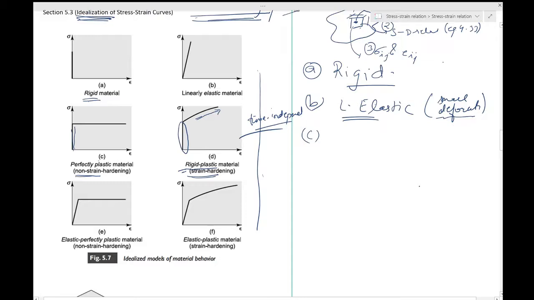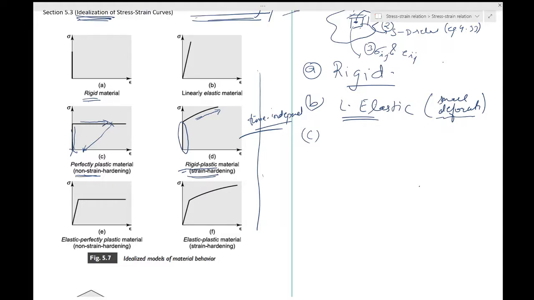In this case, there is no strain hardening. I mean, to cause a plastic deformation, the stress need not be increased, but it is still plastic in the sense that if you unload from here, it will not go back to here. Okay, you will end up somewhere over here. So that is the difference between strain hardening and a non-strain hardening, idealized plastic behavior.